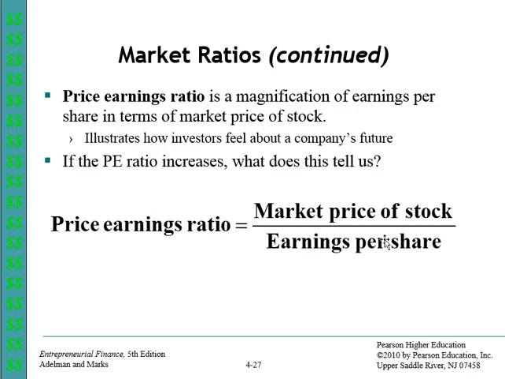So a higher PE ratio reflects optimism, right? Owners want the stock. Demand for the stock is going up, so the price will ultimately go up. So we would like to see a number that's a little bit higher than lower. However, if this number gets too high, it might be reflective of a stock that's overpriced.